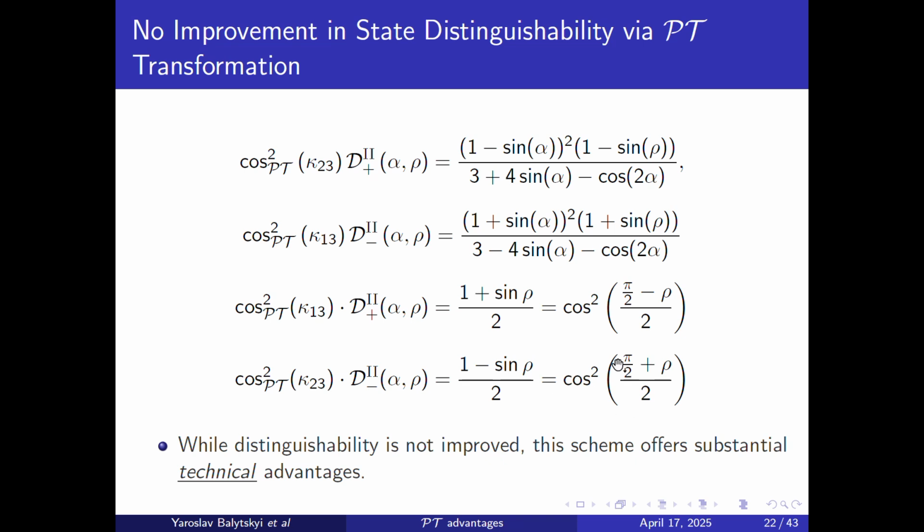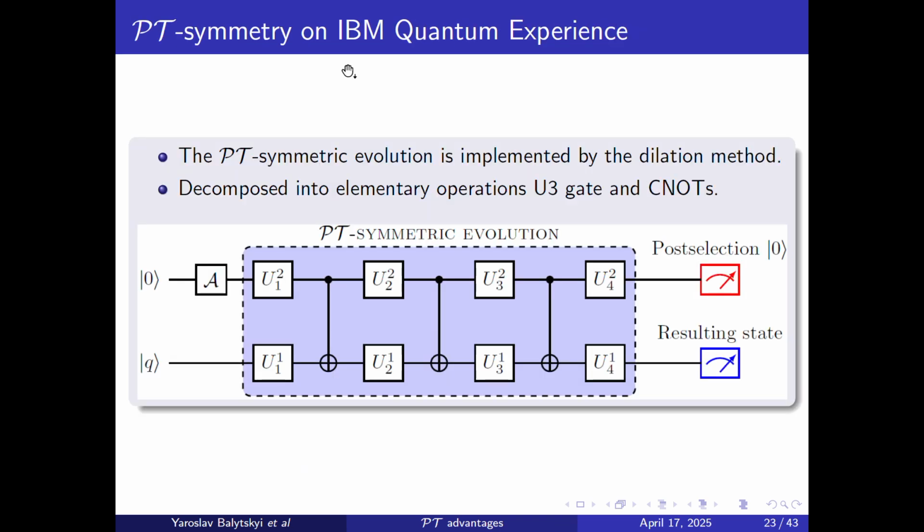Nevertheless, and I think that's the main point of our paper, despite the fact that this transformation doesn't improve the state distinguishability when you take into account the probability of decisive outcome, the scheme still offers substantial technical advantages.